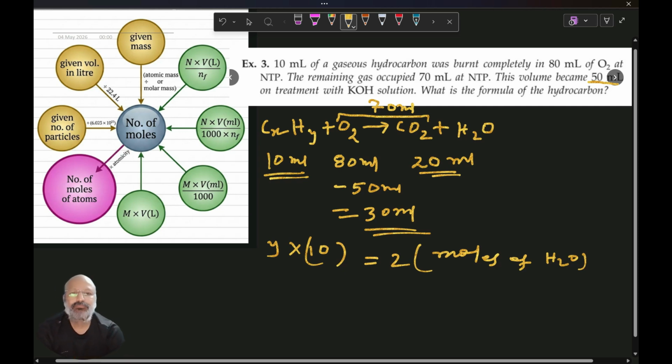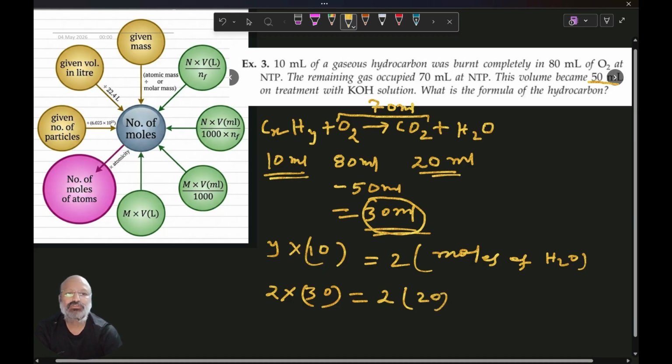Now we'll apply the principle of conservation of oxygen atoms. Applying it on the oxygen atom, it will be 2 into 30 for oxygen. This is the 30 value. It is equal to 2 into the volume of CO2. You can see the atomicity of oxygen is 2, so I have written it down.